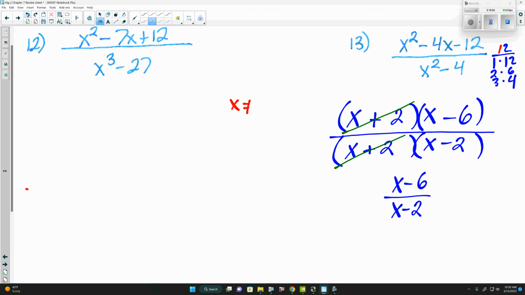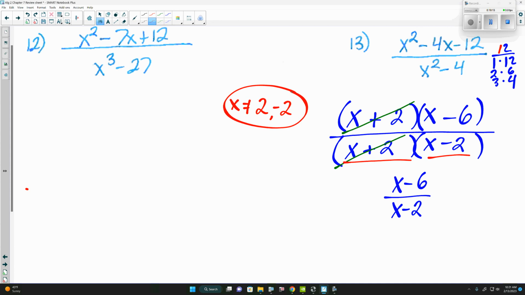Now our restrictions are what's going to make these two denominators be 0. For x minus 2, it would be positive 2, and for x plus 2, it would be negative 2. If it asks for restrictions, then yes.